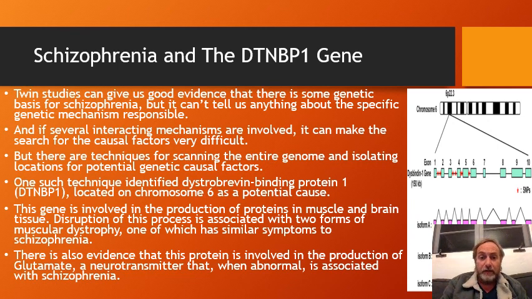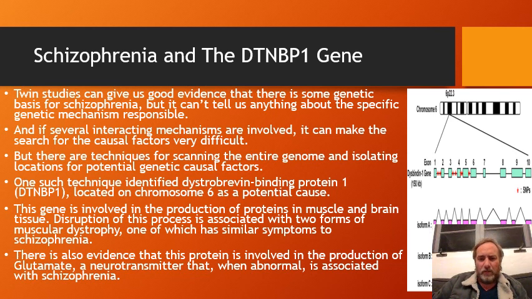But we do have techniques now for scanning the entire genome, of someone's chromosomes, and finding locations for potential genetic causal factors. We won't get too technical here; it's even over my head. But one such technique identified one particular gene called DTNBP1, located on chromosome 6, as a potential cause.